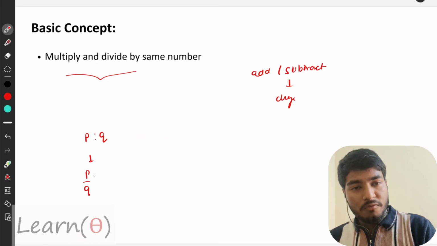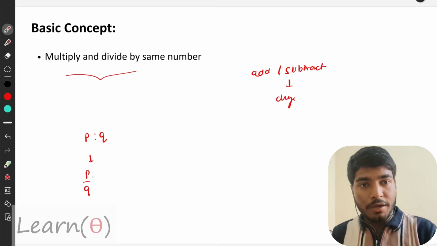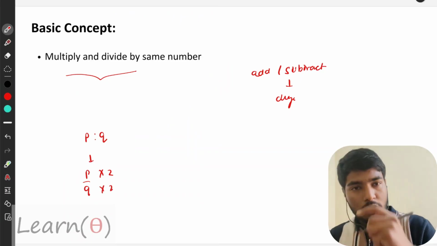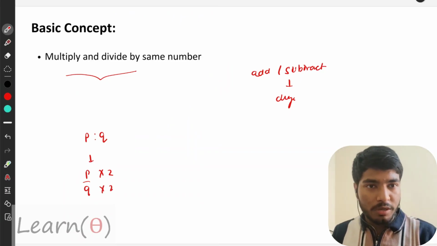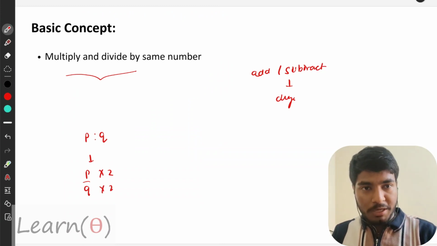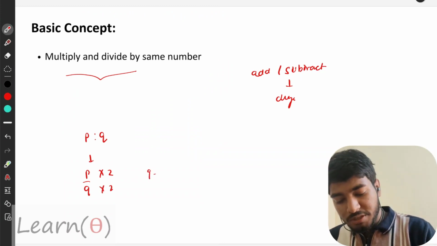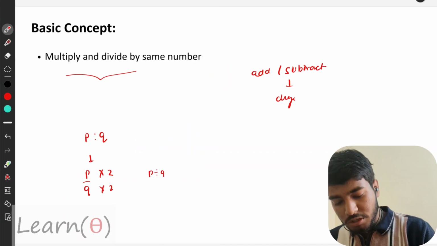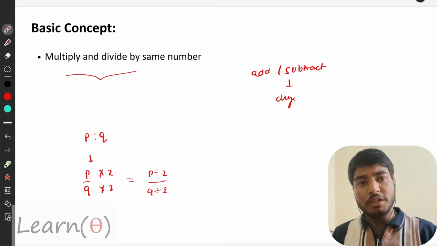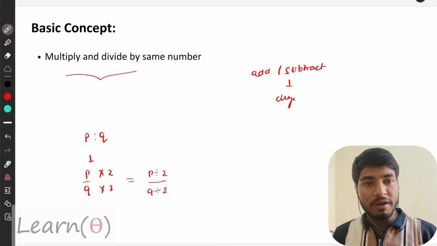Whenever you multiply or divide p by q with the same number, in both numerator and denominator, whether you multiply or divide, you will find that it remains the same.